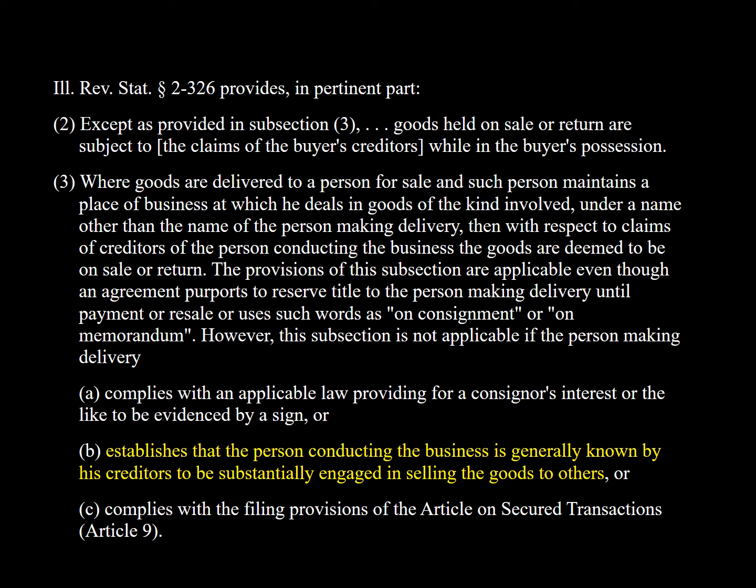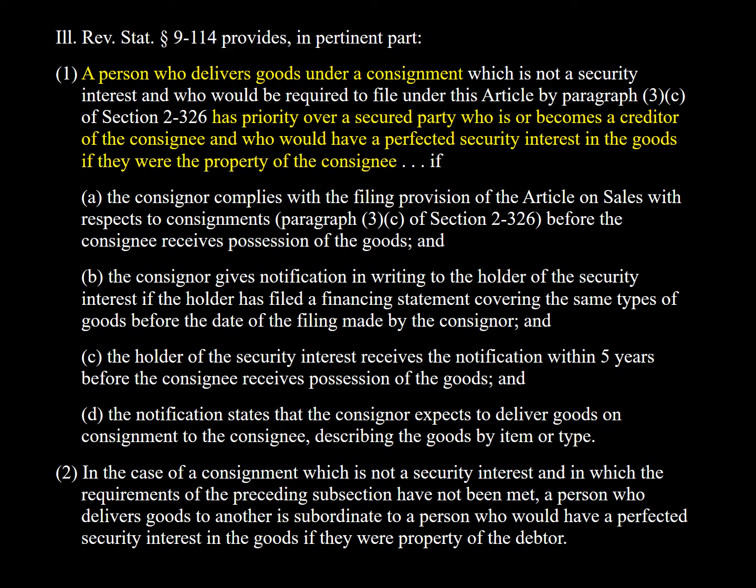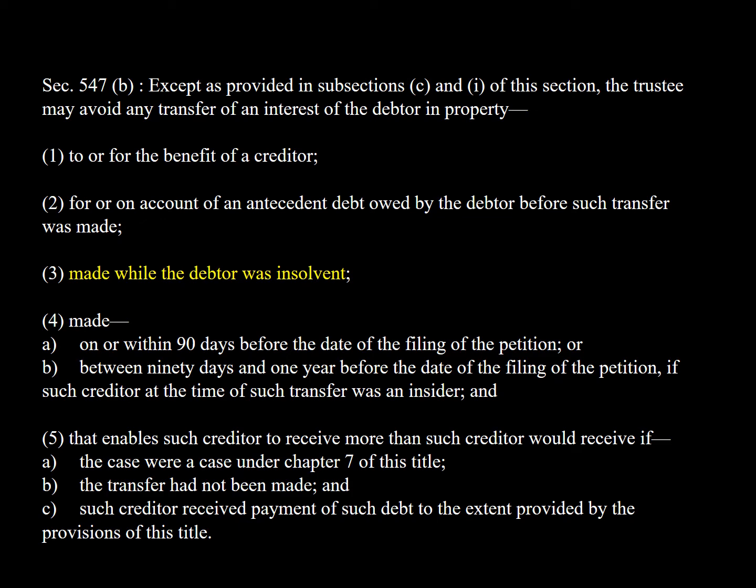That is when the person making the delivery establishes that the person conducting the business is generally known by his creditors to be substantially engaged in selling the goods of others, or entering into consignment type arrangements. This is another applicable section that actually contradicts the other section. And this is all state law. The court has to look at state law to determine property interests. So these are statutes relating to property interests in Illinois. This is the preference, 547B, the preference code.